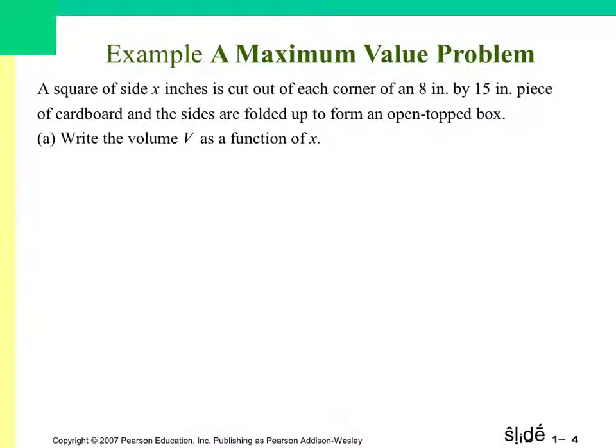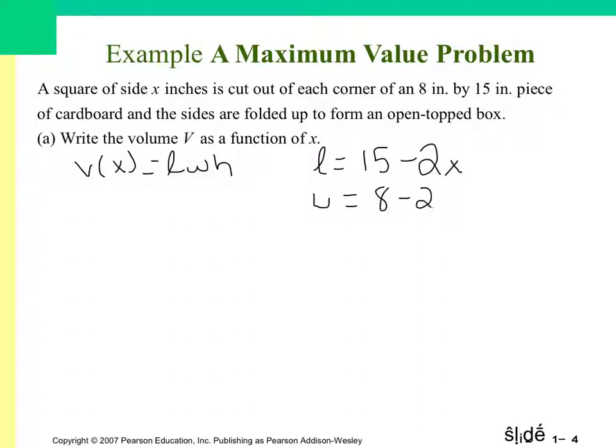Okay. Alright. So, let's see. Write the volume as a function of x. So, V of x. Well, we know it equals length times width times height. So, the length is going to be 15 minus 2x because they cut x off each corner. The width, 8 minus 2x.